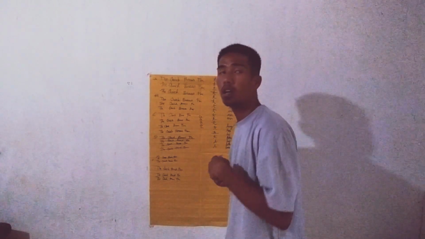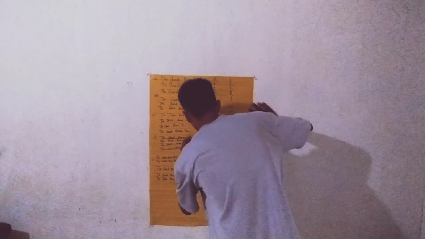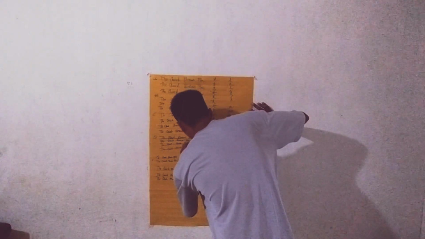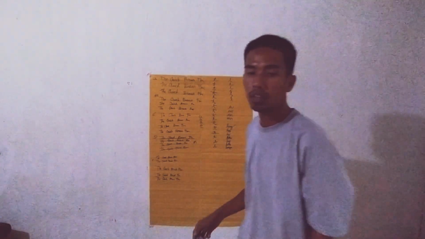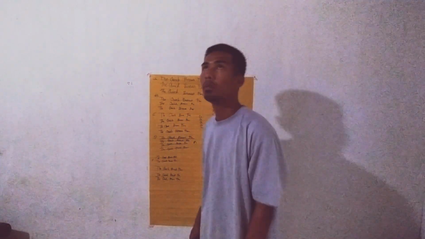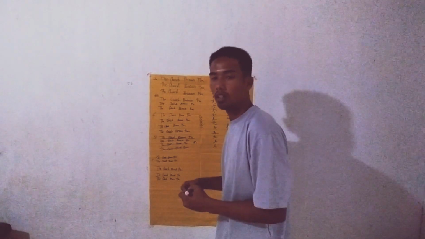First one is hook. That is the first one. And the second one is flourish. Flourished. Embellished.